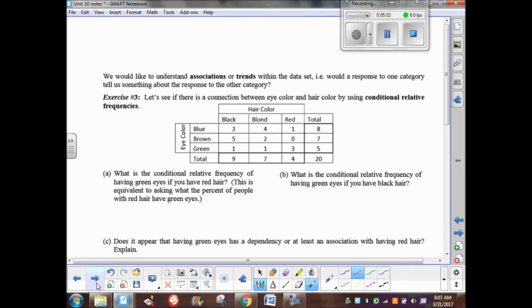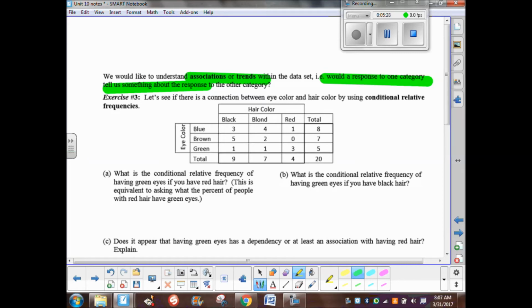We'd like to understand, okay, associations or trends within the data. So that first page was, again, the number crunching. Now let's interpret that information. See if there's any sort of relationship between eye color and hair color. Would a response to one category tell us something about a response to the other category?